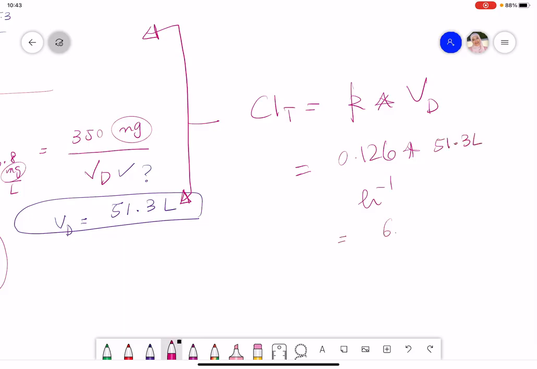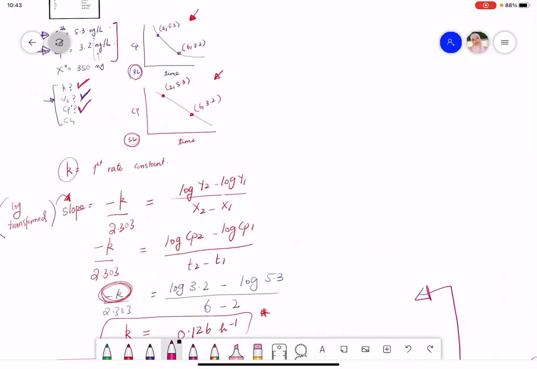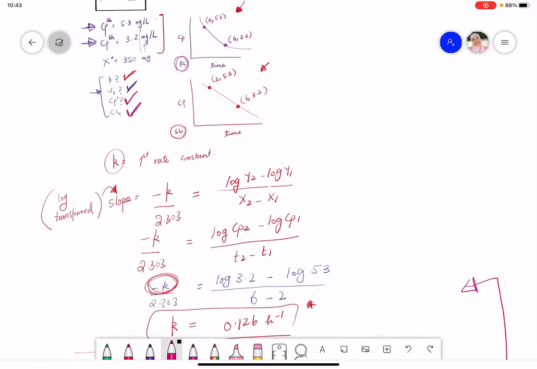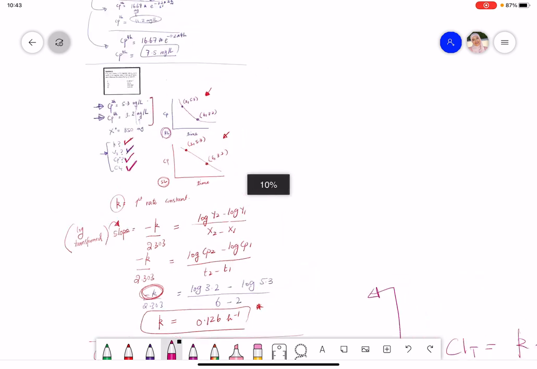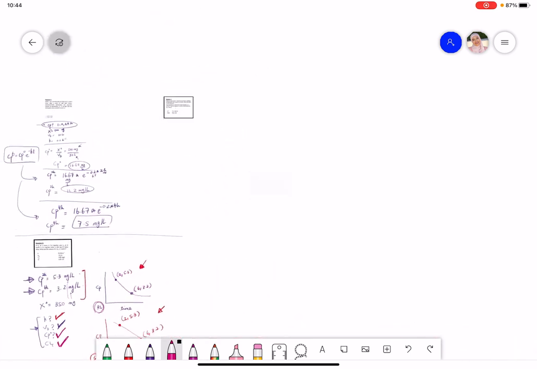Then this gives us liter per hour as total clearance, okay? And by this, you finished everything that the question needs, okay? So let's see the third question.